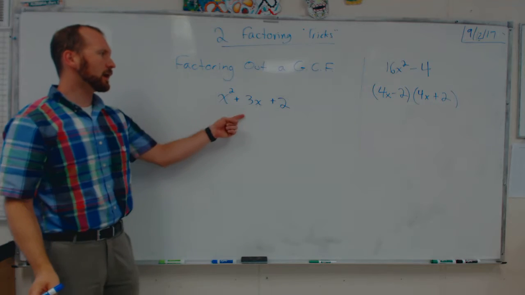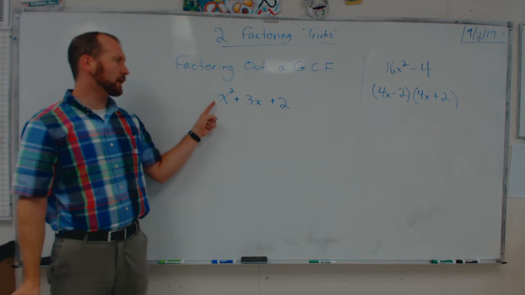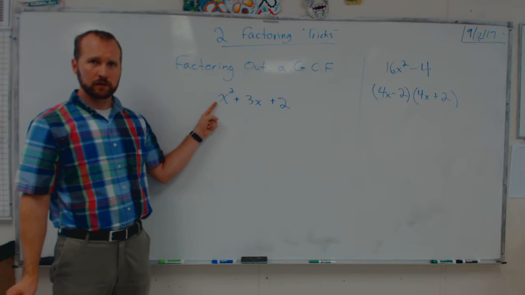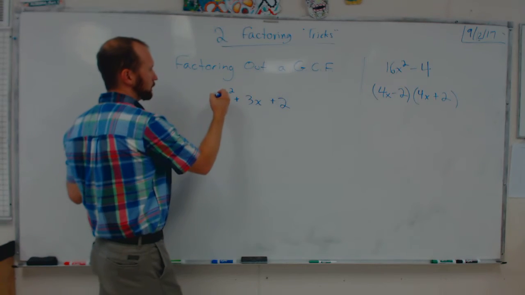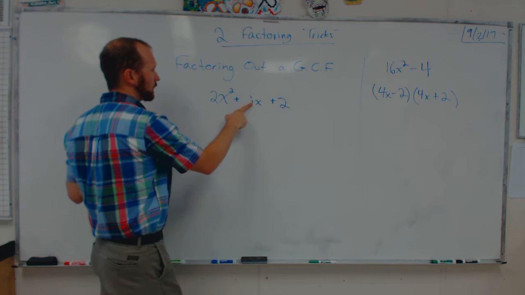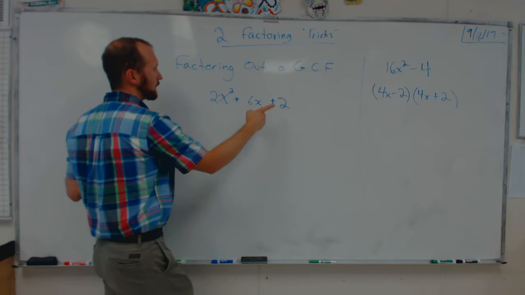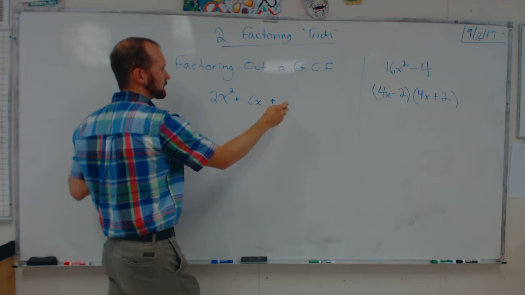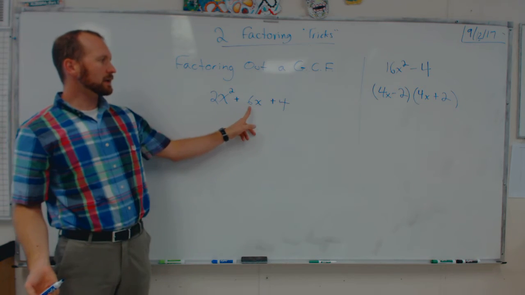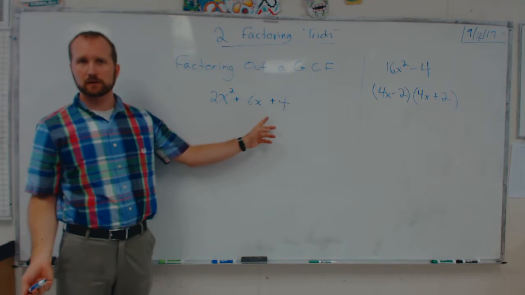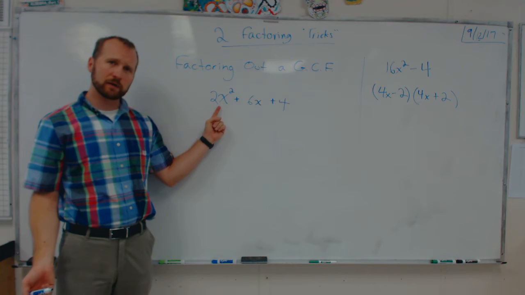I know how to factor that, but I only know how to factor it because there's a 1 here. So if I then multiplied everything times 2, 2x squared plus 6x plus 4, technically you guys can't factor this because it doesn't have a 1 in front of the x squared.